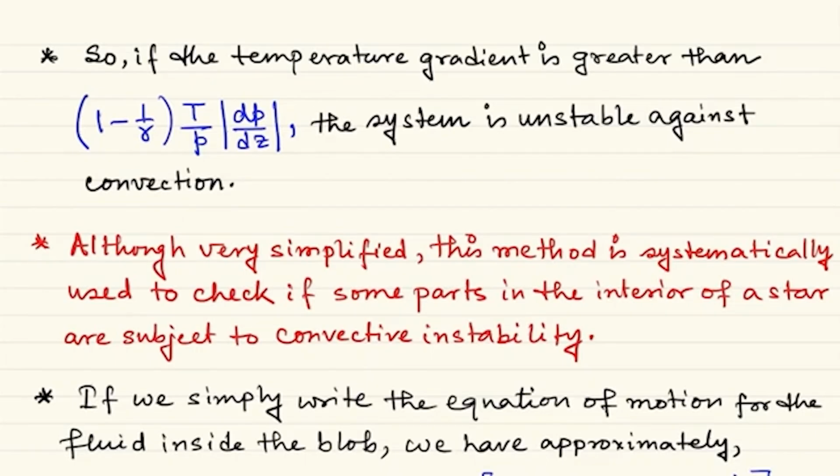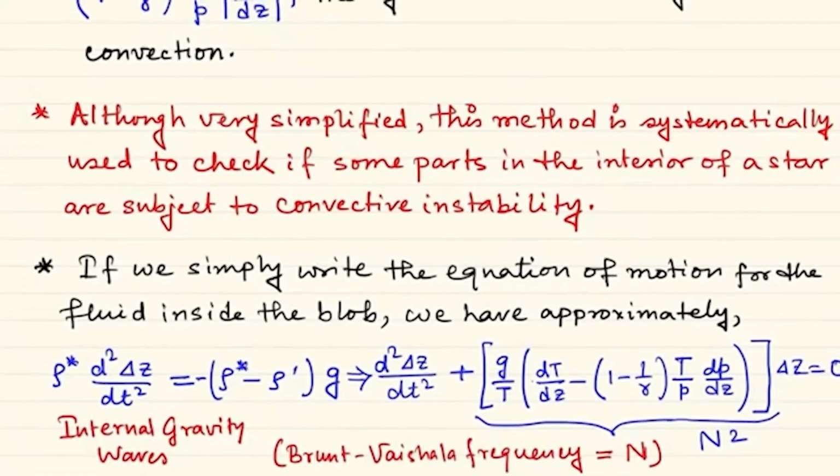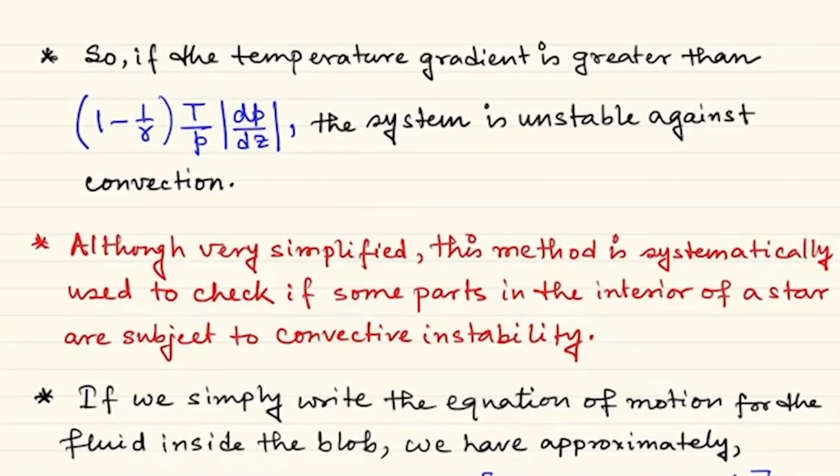Beyond 1 minus 1 by gamma, T by p, dp/dz, the system is unstable against convection. So you see an important temperature gradient. Coming back to our initial example of heating a container of fluid from below, when the temperature gradient exceeds this critical value, the system is unstable.